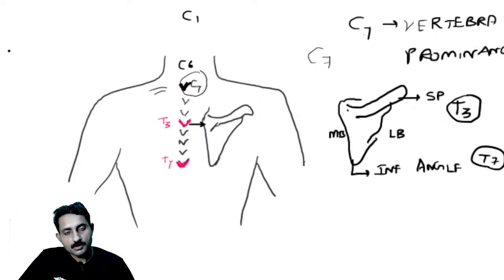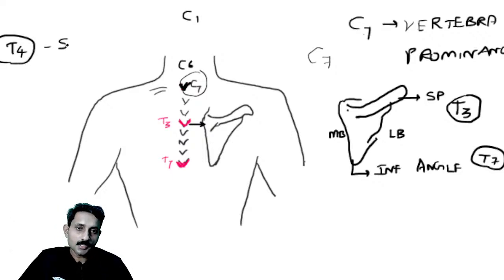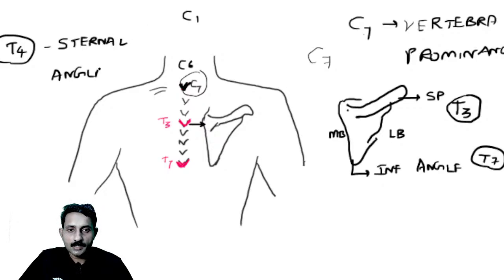One more level which is commonly asked is the T4 level. Note down this point: T4 corresponds to the sternal angle. What is the sternal angle? In the anterior aspect, we have the sternum, which is like a tie.